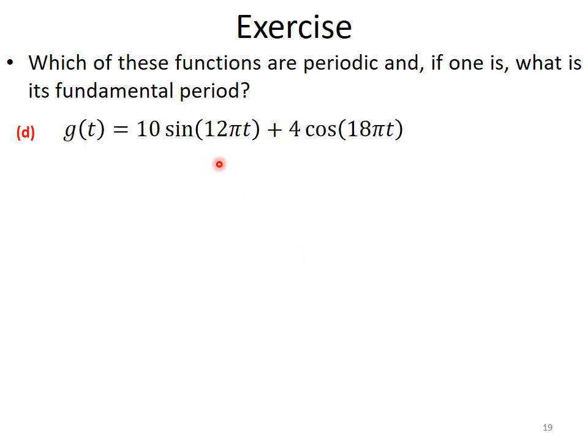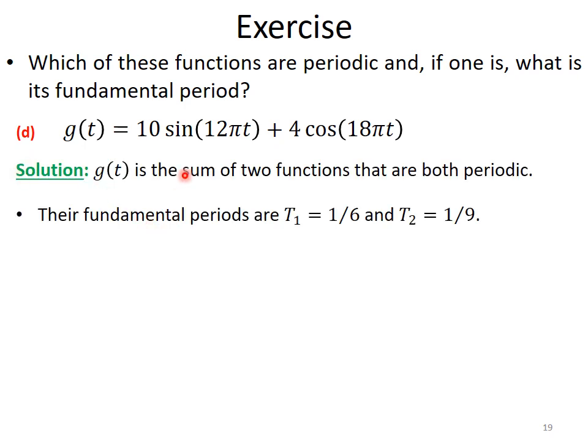Part D. In this part, we are given a function g of t, which is the combination of sine and cosine functions of different frequencies, unlike the last example. The frequency of this component is 6 hertz, and the frequency of this component is 9 hertz.